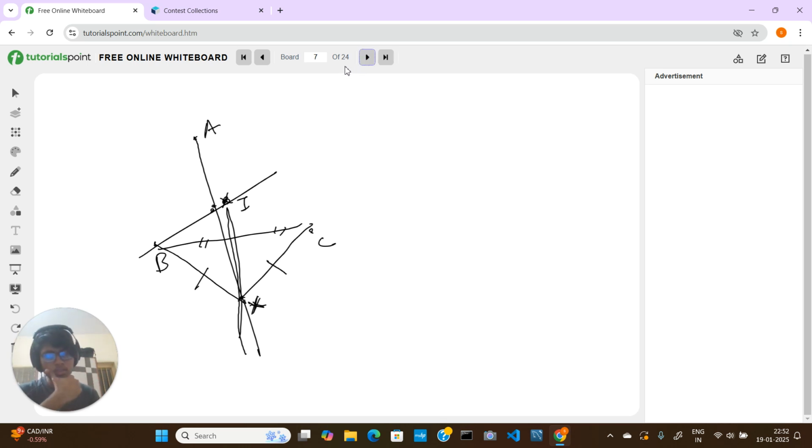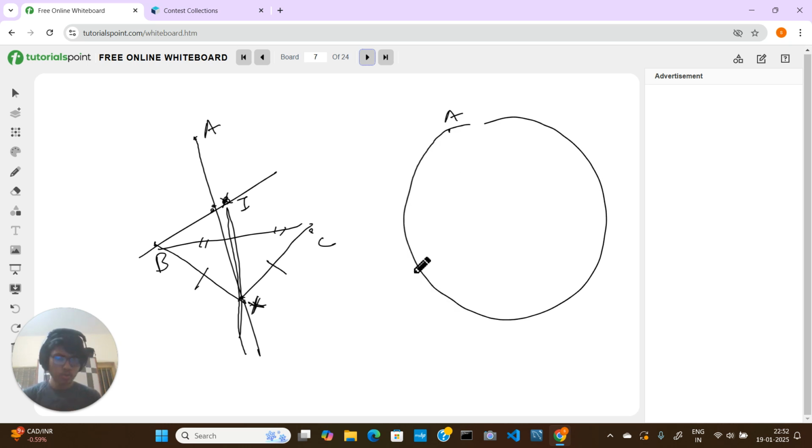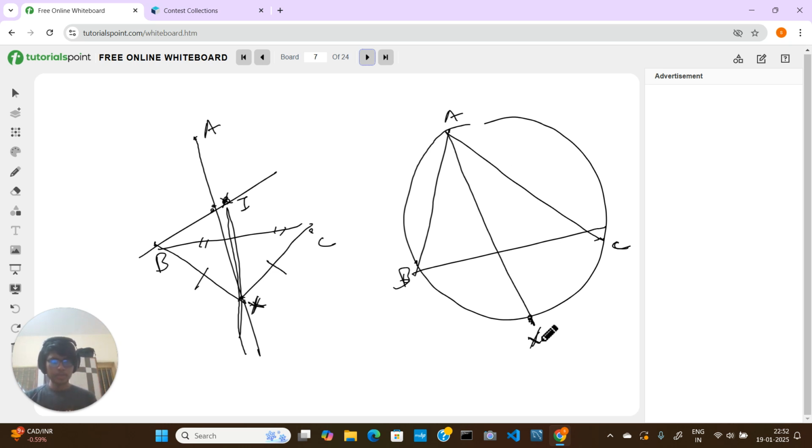Now what we can do is let's just see something more in the diagram. What more can we explore? This is the given triangle ABC. This is the angle bisector. X is the arc midpoint.